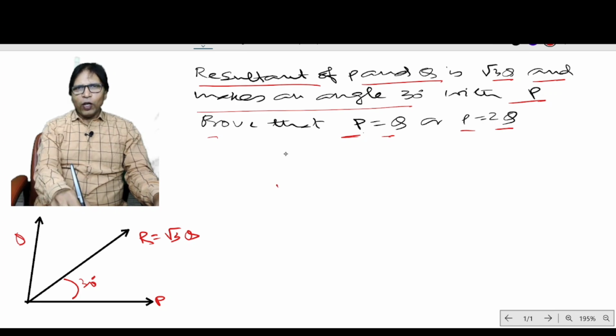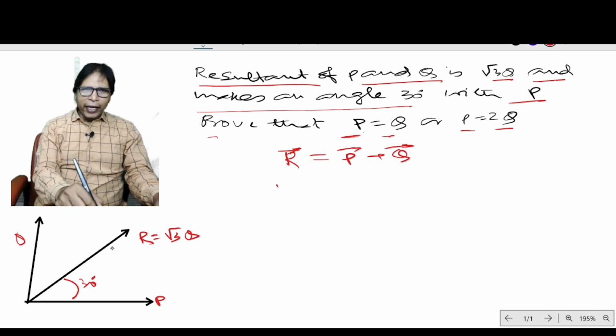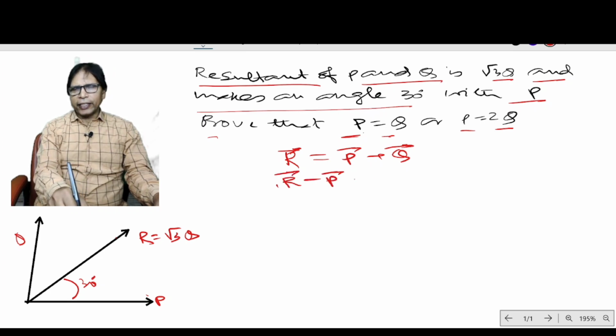Okay. Here the R vector equals the P vector plus the Q vector. Now here the angle between R and P is given, so you can write the R vector minus the P vector equals the Q vector. So the Q vector is the vector subtraction of the R vector and the P vector.